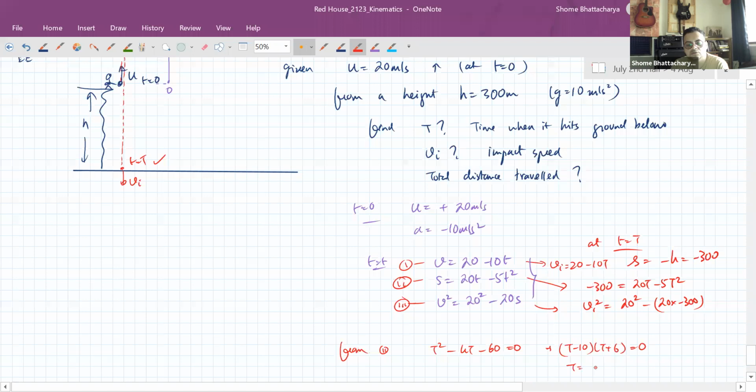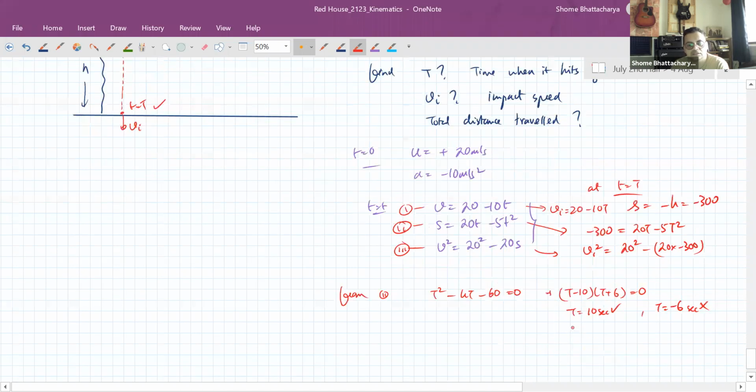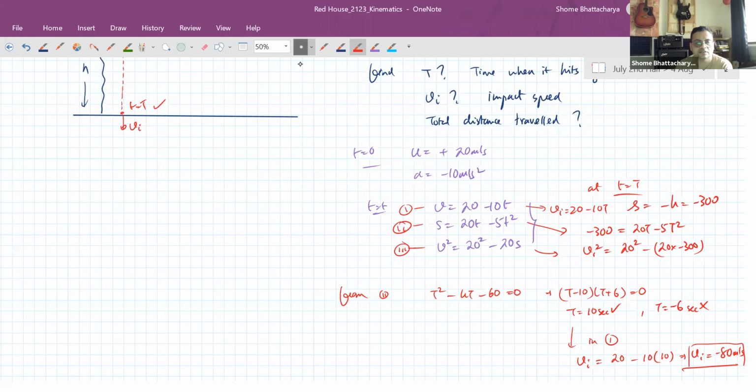So t is equal to 10 seconds, or t is equal to minus 6 seconds, which is not going to be the correct root. So we get this, then substitute this in equation 1. So you'll get the impact speed as minus 80. The minus sign just shows you the direction. So it hits the ground with a speed of 80 meters per second downwards.